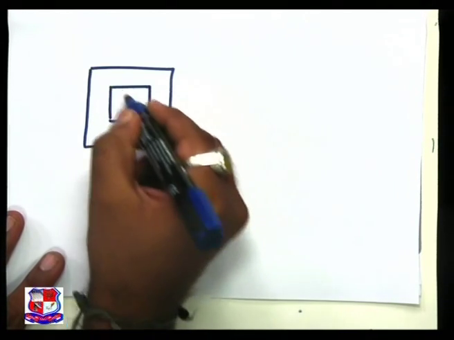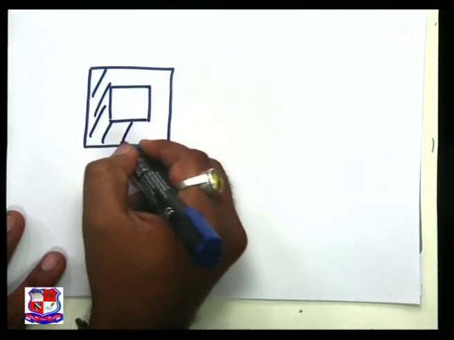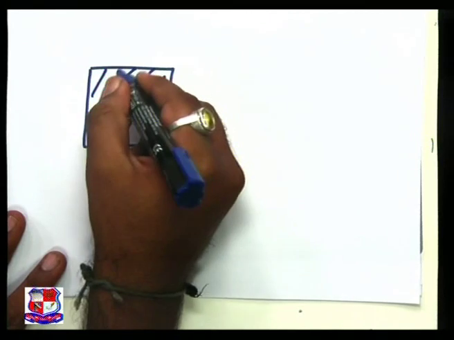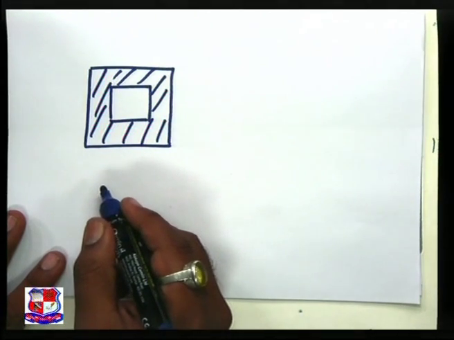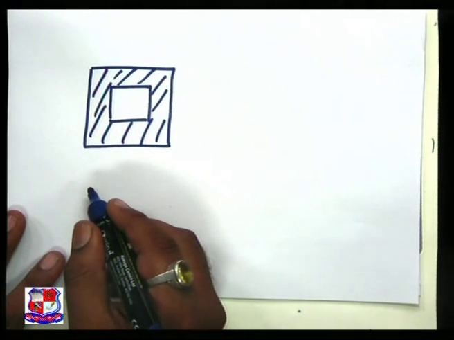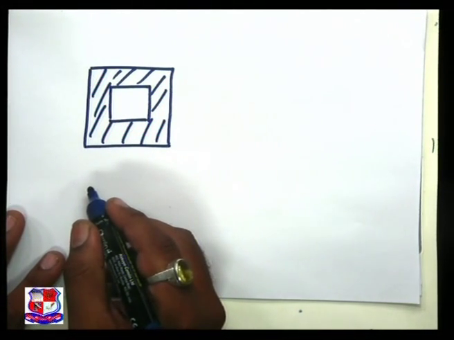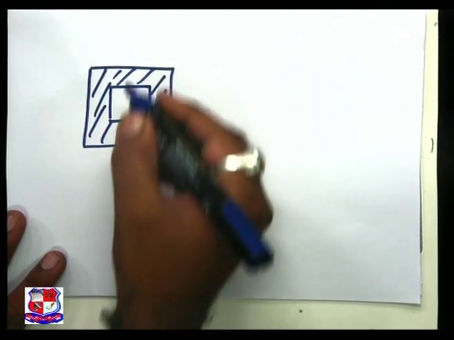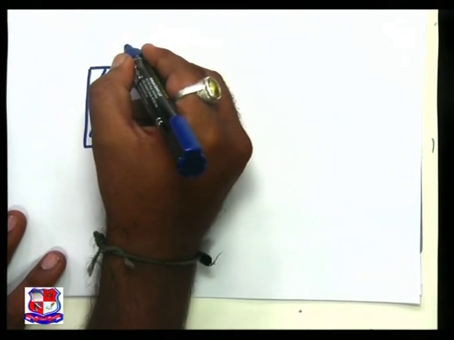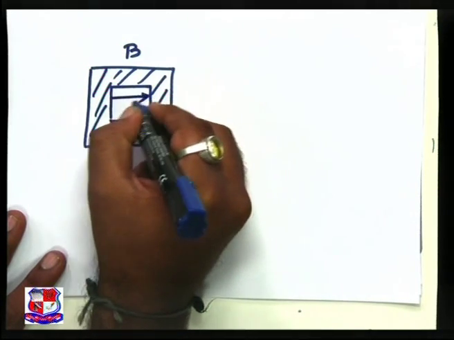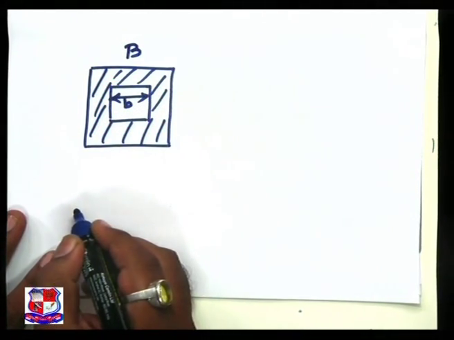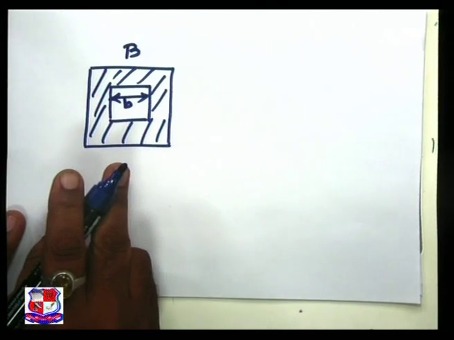This part has been cut down, a hollow square section. Let the outer dimension be B, and this is small b, a given hollow square section.